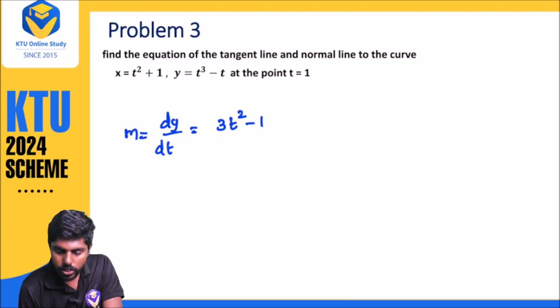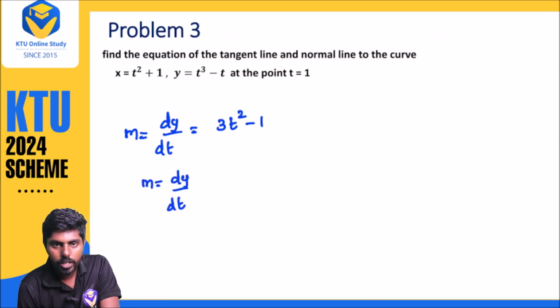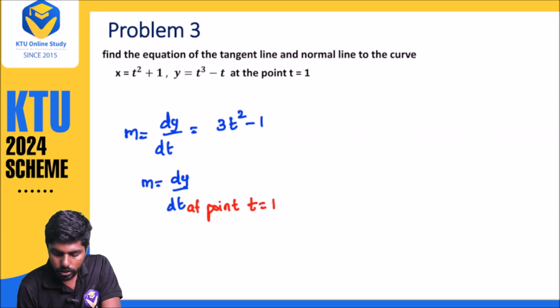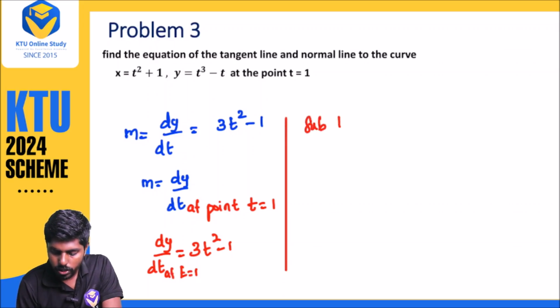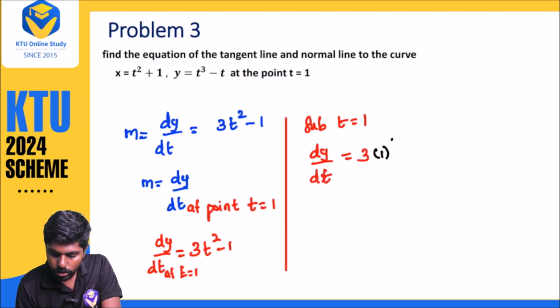They have given m is equal to dy by dt at the point t is equal to 1. So dy by dt is 3t square minus 1. At the point t is equal to 1, substitute the value of t is equal to 1. So dy by dt is equal to 3 into 1 square minus 1, which is 3 minus 1.